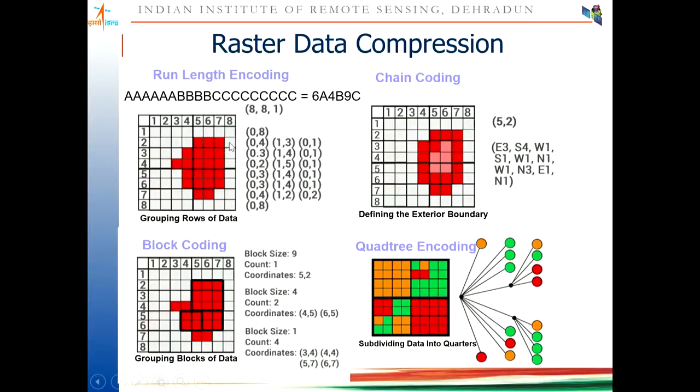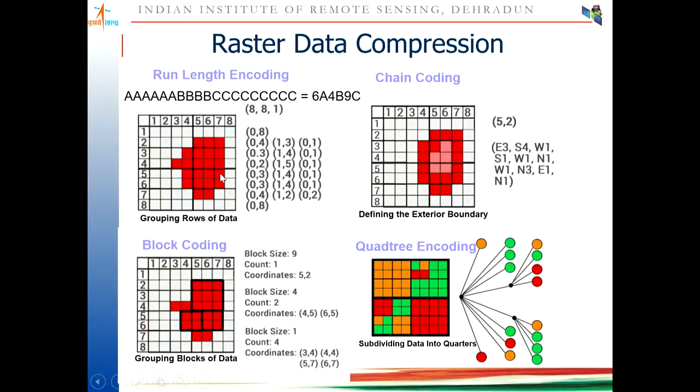So we see that for each of those rows we record how many times the value is repeated, and that's how the whole information is compressed. Due to that, instead of storing 64 different values, the information represented here is quite less compared to the total storage.